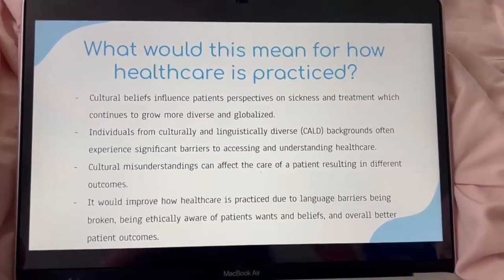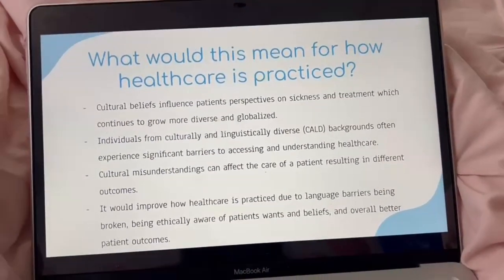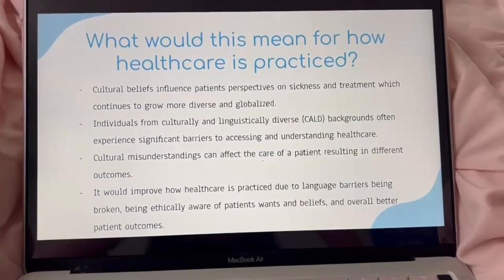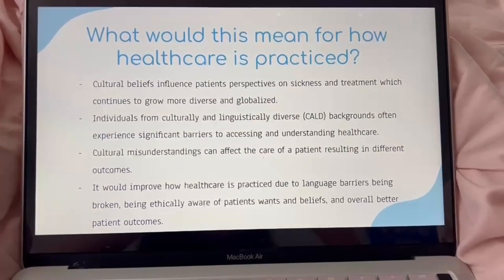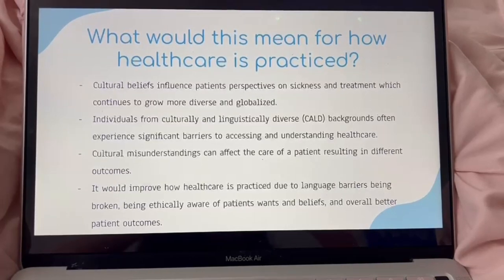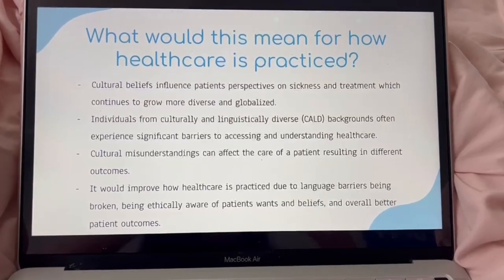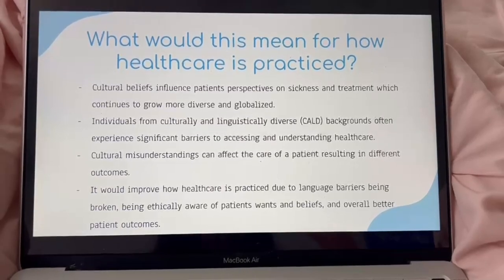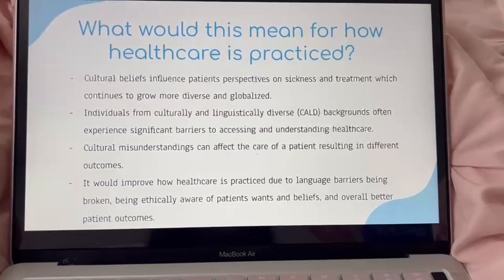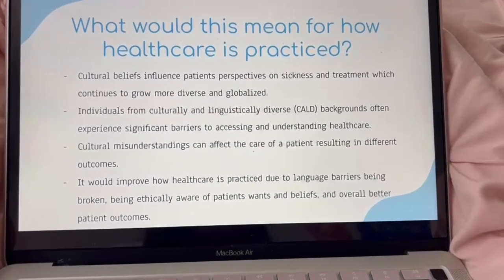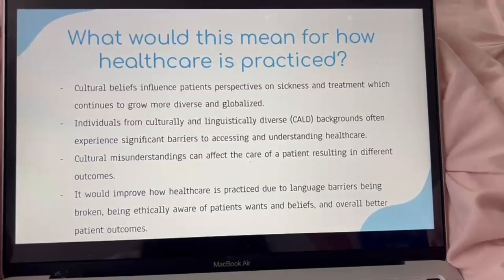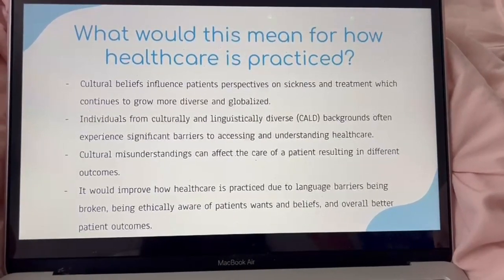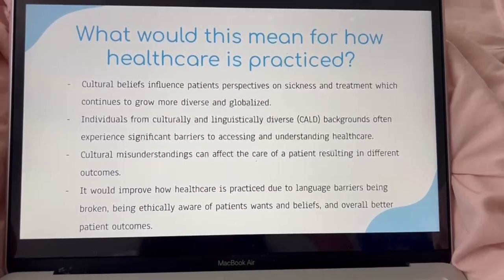So I focused on what cultural competency would mean for how healthcare is practiced. My name is Alexis. Cultural beliefs influence patients' perspectives on sickness and treatment, as patients continue to grow more diverse and globalized. Individuals from culturally and linguistically diverse backgrounds often experience significant barriers to accessing and understanding healthcare. Cultural misunderstandings can affect the care of a patient, resulting in different outcomes.